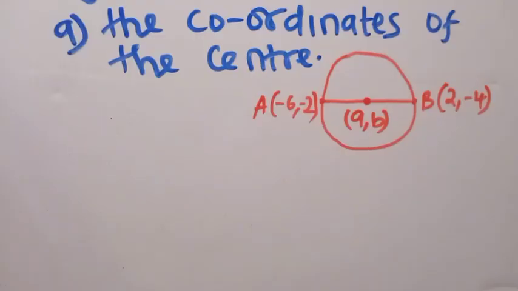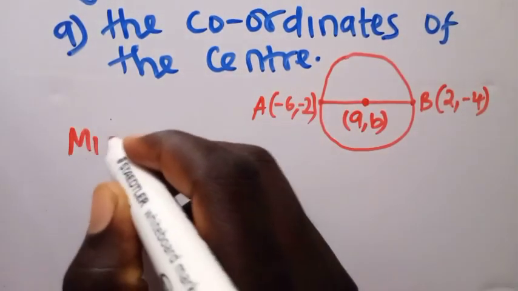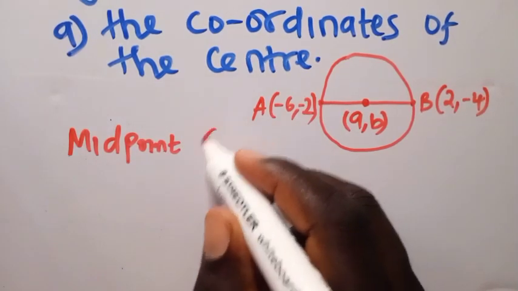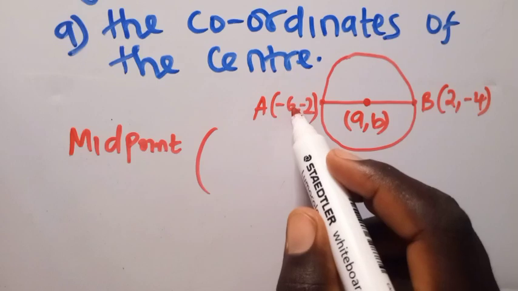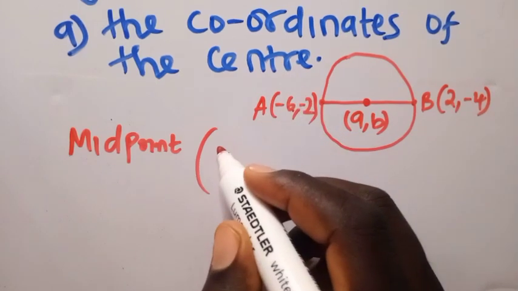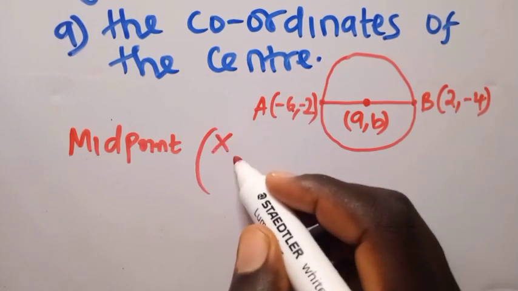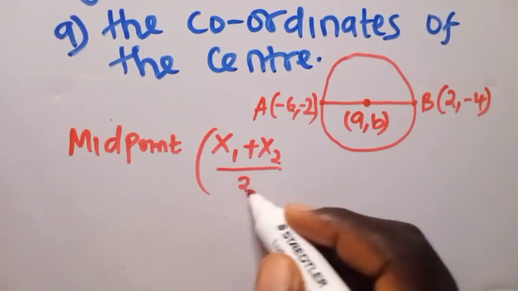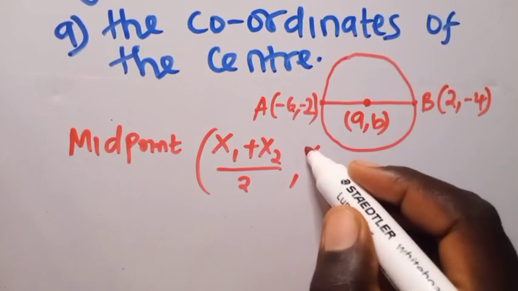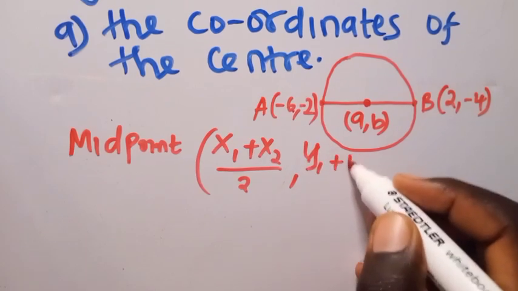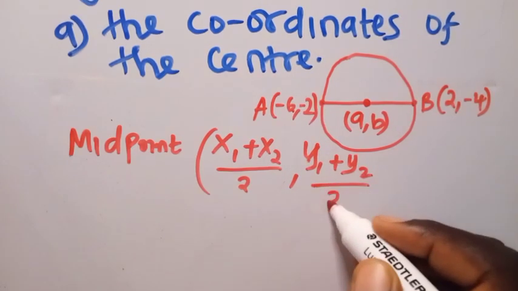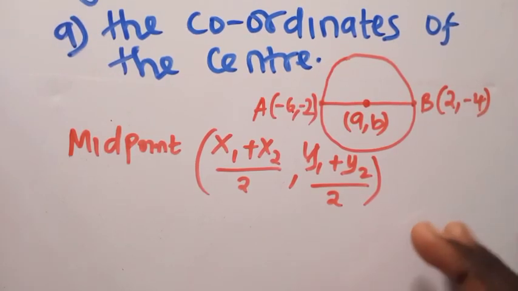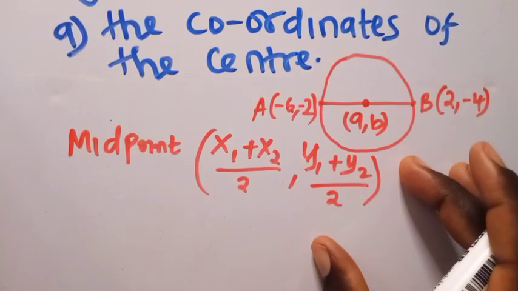Now, the midpoint is obtained this way. That is, x1 plus x2, then divided by 2, comma, y1 plus y2 all over 2. That is how you obtain the midpoint of a line.